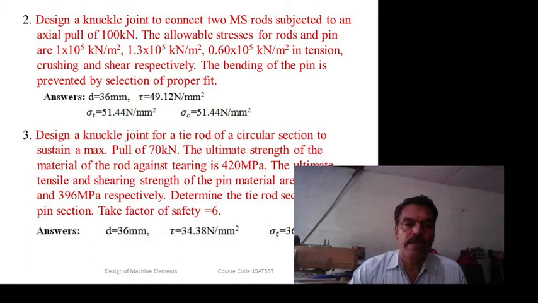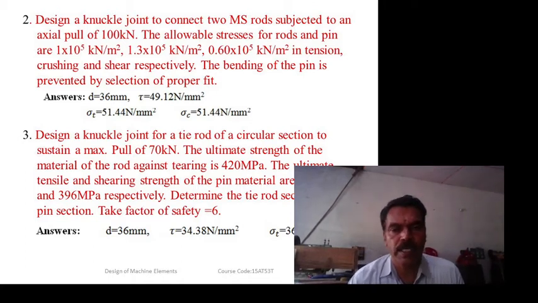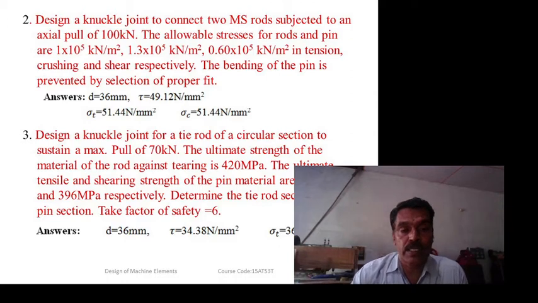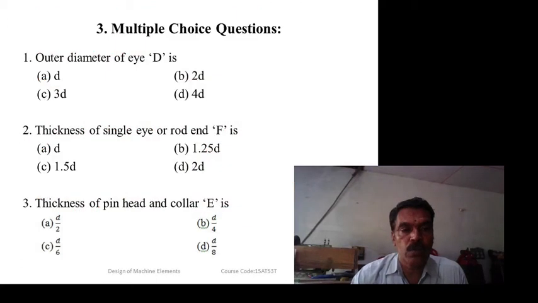You have to divide the ultimate shear, tensile and crushing stresses by it. Therefore you will get the actual working stresses. Later on you can start and solve the problem, and after that compare with the answers I have shown.